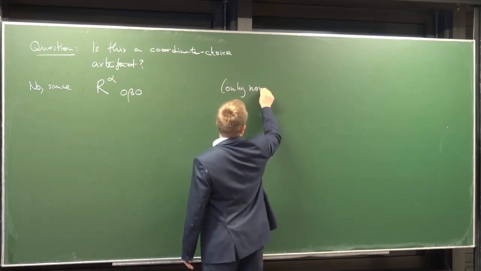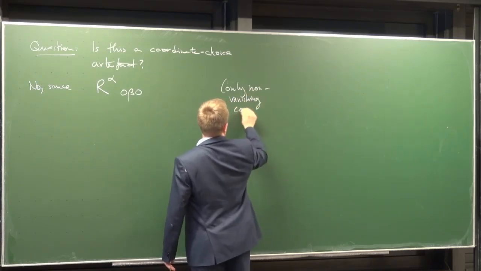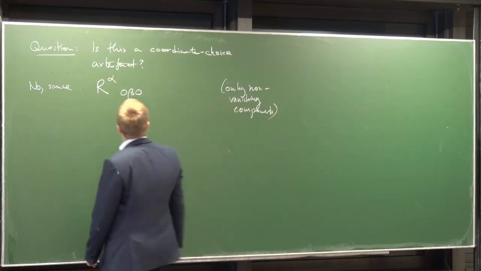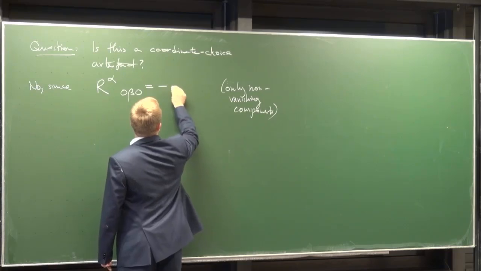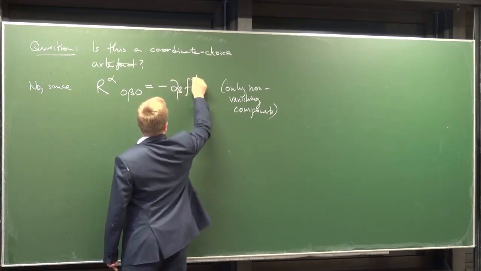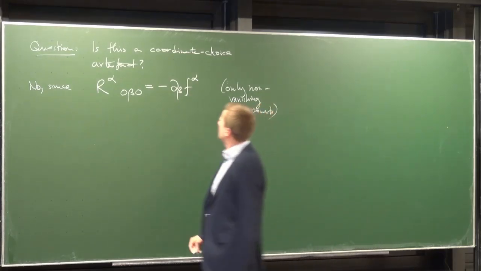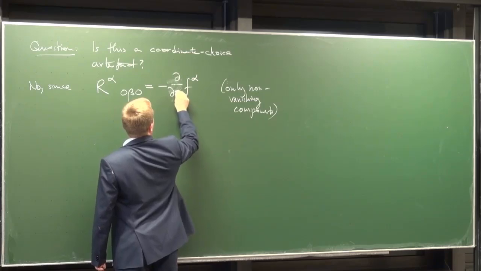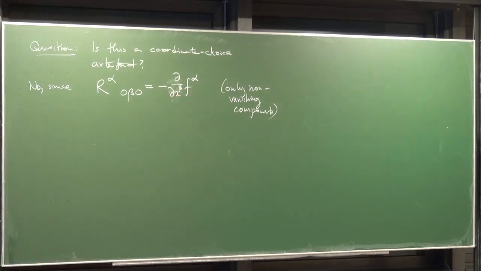You can calculate the others, and they will all vanish. Probably we would rather write it like this. These are the only non-vanishing components.